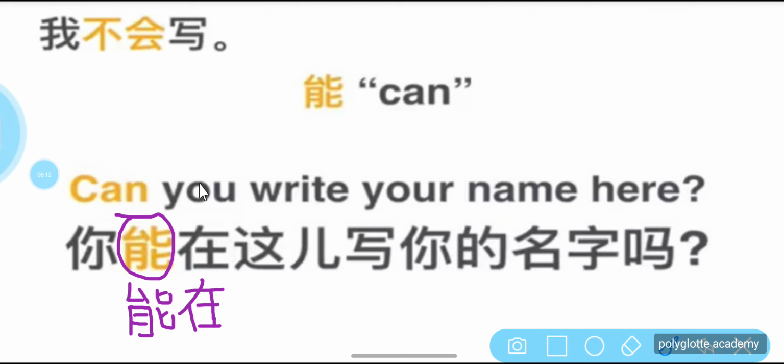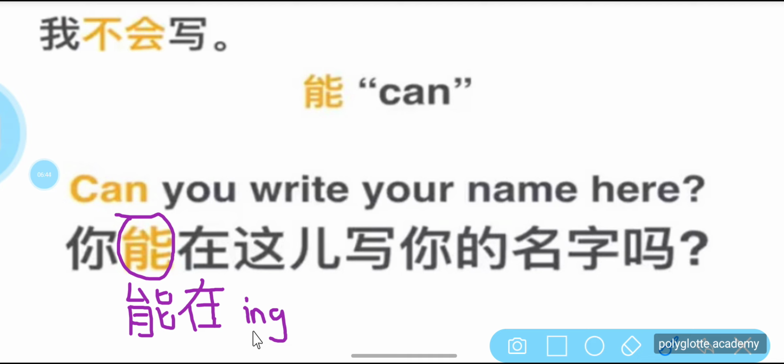Also zài can mean adding -ing to a verb, like eating or eat.